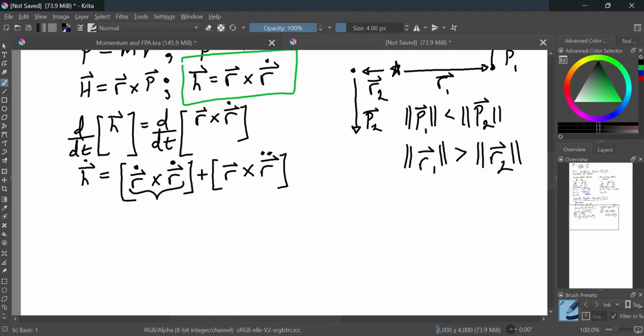For those of you who are not immediately aware, whenever you see a term crossed with itself, it's always going to go to 0. So let's write that down. 0 plus r crossed with, we already know what our acceleration term is, minus mu r over the magnitude of r cubed.